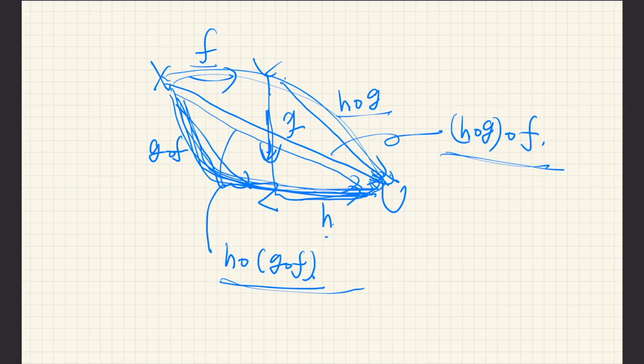And since map composition is associative, the order of composition doesn't matter, so we can safely drop this parenthesis and write this is equal to h after g after f to mean either this or this. They are the same. Okay, that's all for this video.